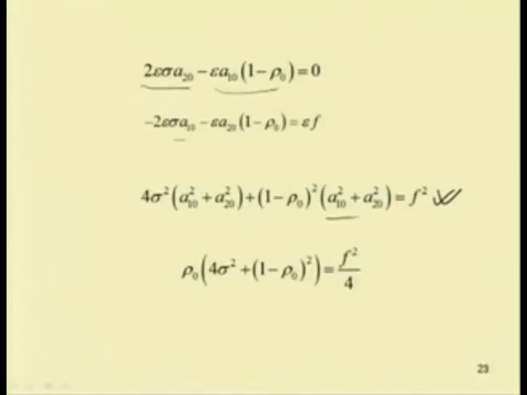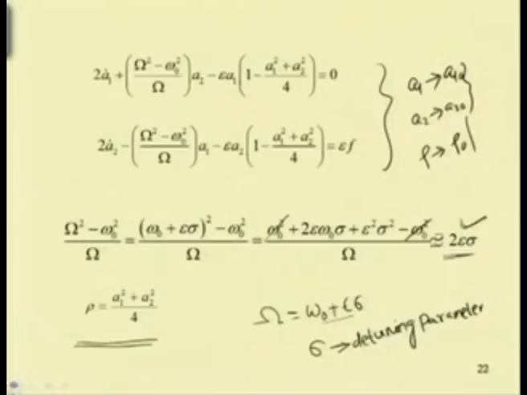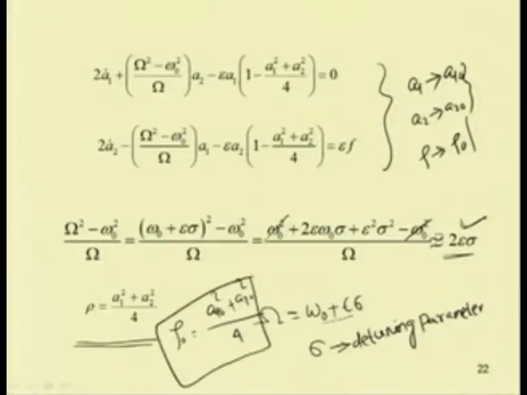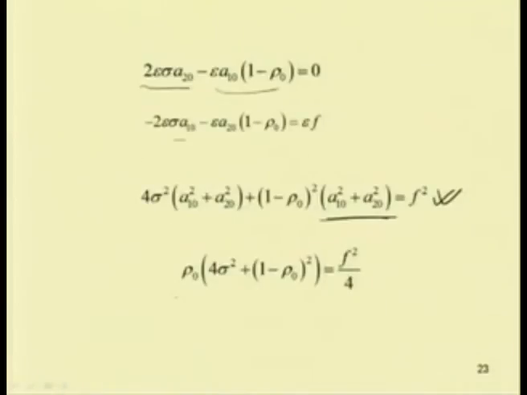Now, taking A10 square plus A20 square common, one can write A10 square plus A20 square into 4 sigma square plus 1 minus rho 0 whole square equal to f square. But we can use the equation rho 0 equal to A10 square plus A20 square by 4. By using this expression, this becomes rho 0 into 4 sigma square plus 1 minus rho 0 whole square equal to f square by 4.